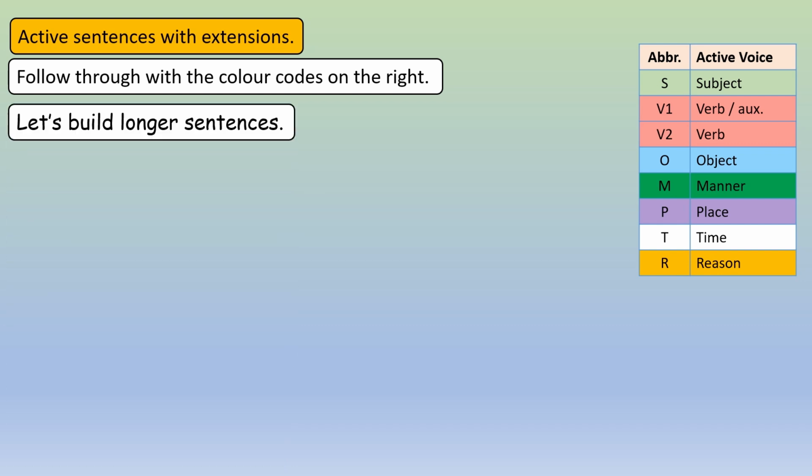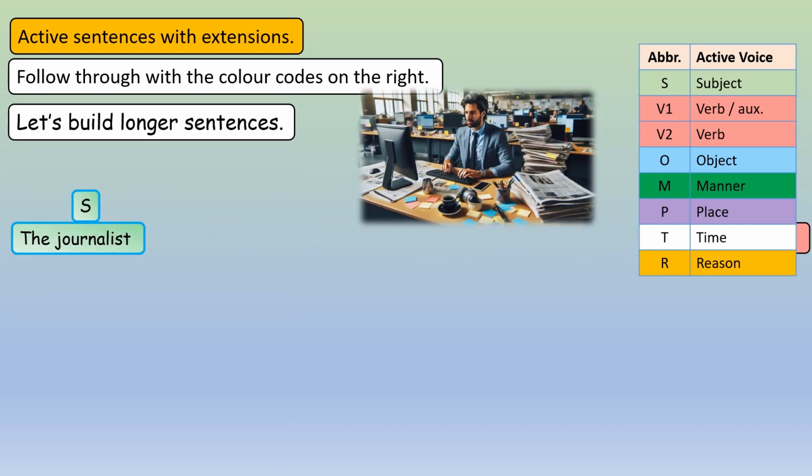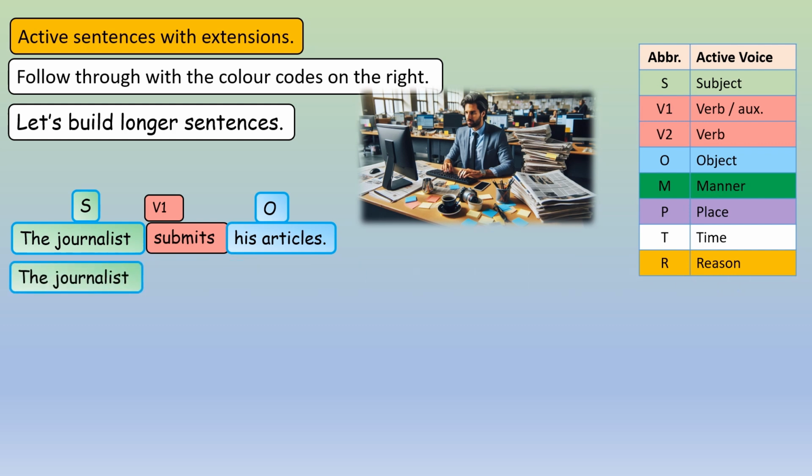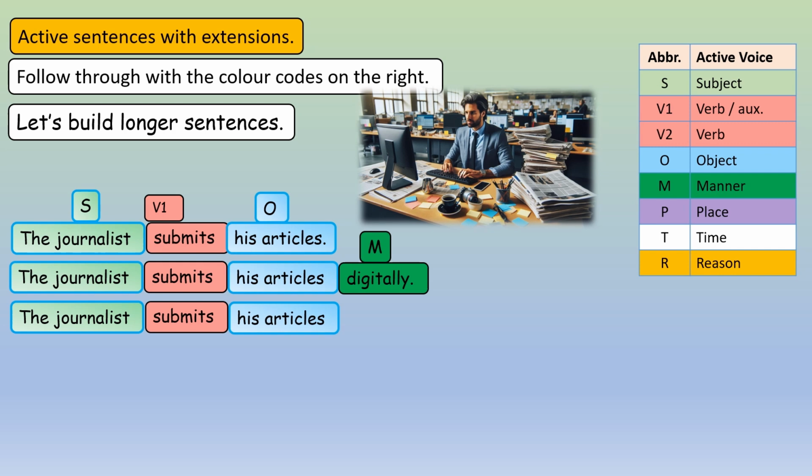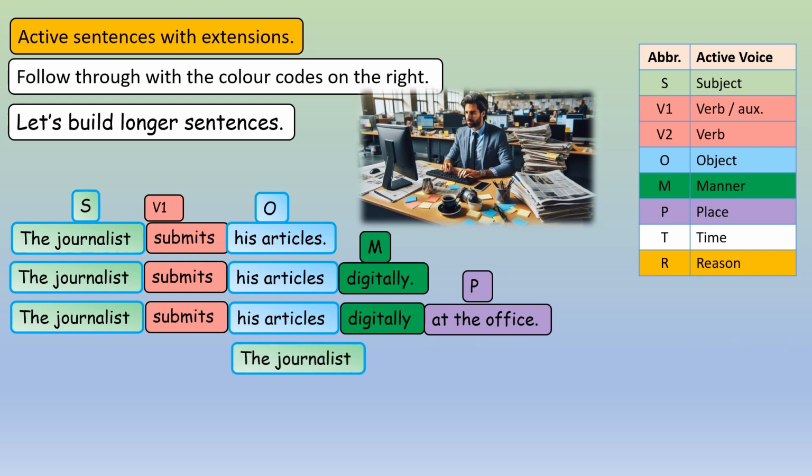Let's build longer sentences. The journalist, subject, submits, verb 1. His articles, object. The journalist submits his articles digitally, adverb of manner. The journalist submits his articles digitally at the office, place.